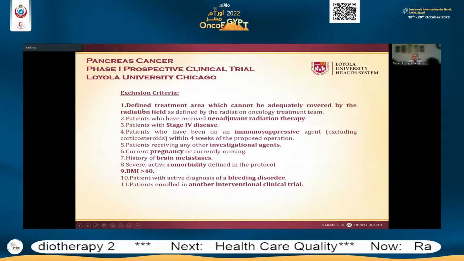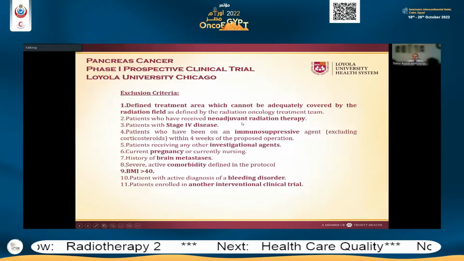Exclusion criteria include a defined treatment area that cannot be adequately covered by the radiation field. Our largest applicator is 6 centimeters. So if you cannot cover an area of gross or microscopic possible R1 resection, then we should abort. We do not treat these patients.